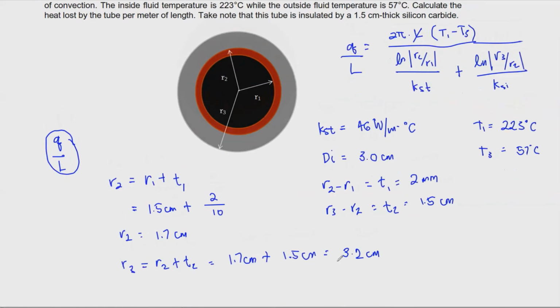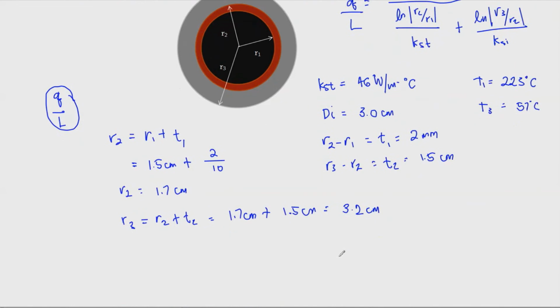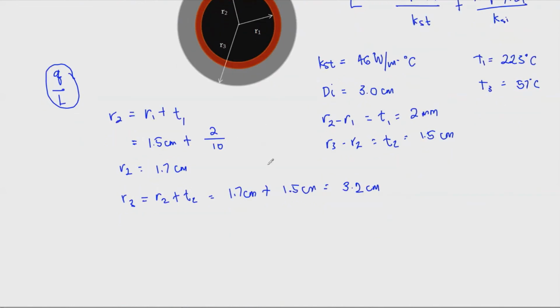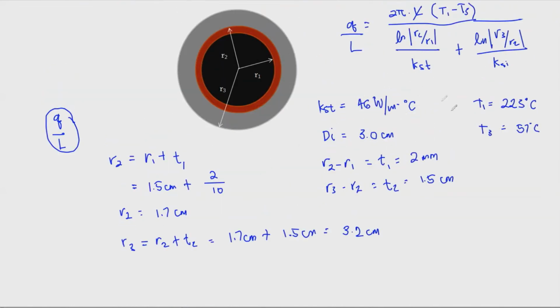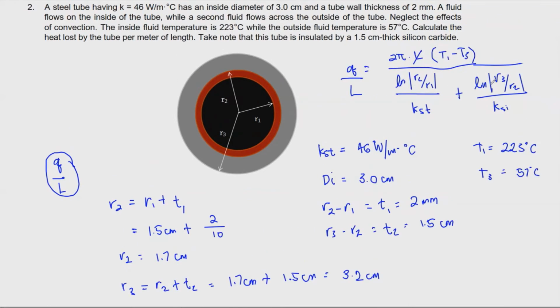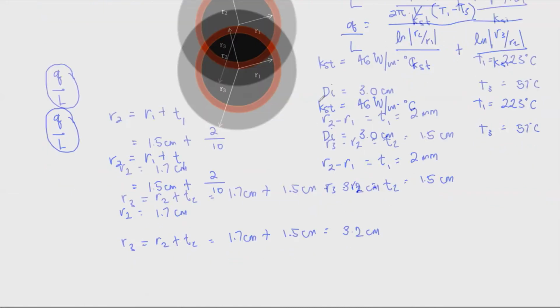Okay, so anyway, we have R sub 1, R sub 2, R sub 3. We have the steel thermal conductivity, and now we just have to find the thermal conductivity of silicon carbide. Since this is not given, you might have an idea that this silicon carbide can be located in your Perry's handbook.